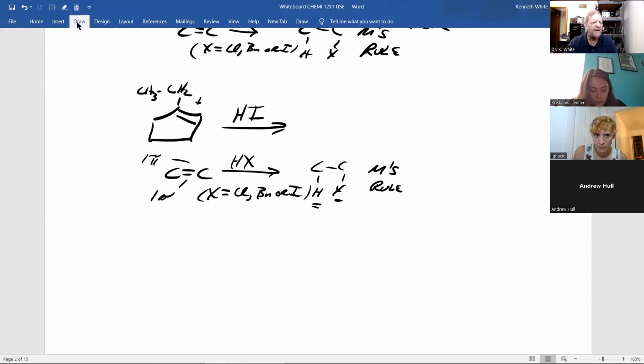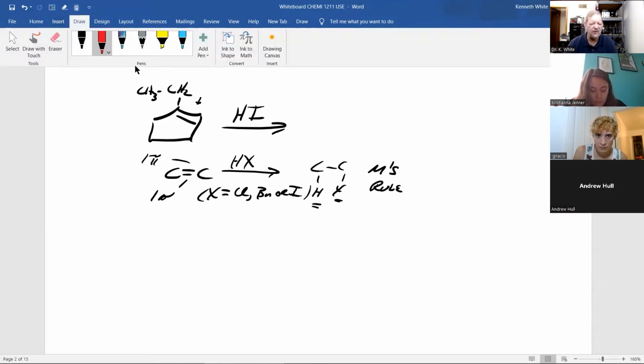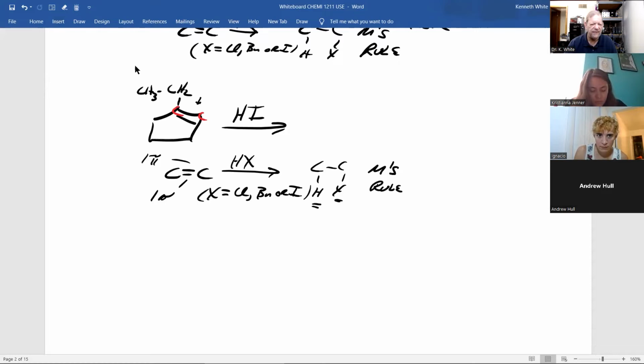So I have these two carbons double bond. This one on top, how many bonds to that? 1, 2, 3, 4. 4 minus 4 is 0. So on this carbon right here, there's 0 hydrogens. We go to the other carbon.